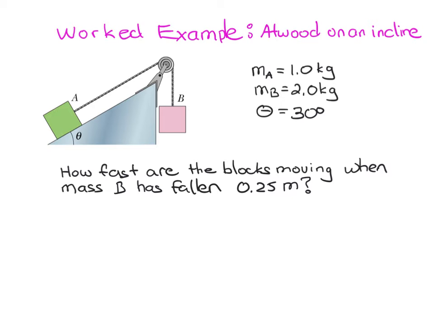So if we're going to use energy principles, we want to get in the habit of defining our system. I'm going to put a dotted line over here. And as part of the system, I'm going to include the Earth because we're going to be making use of the gravitational potential energy of the system consisting of the Earth and this assemblage here.